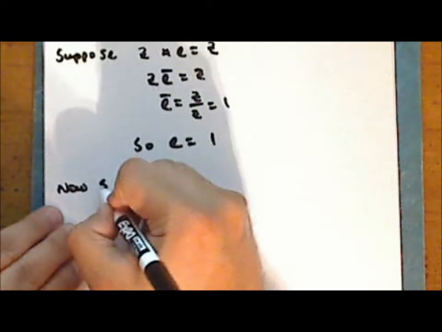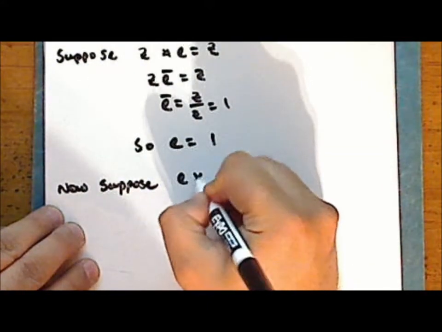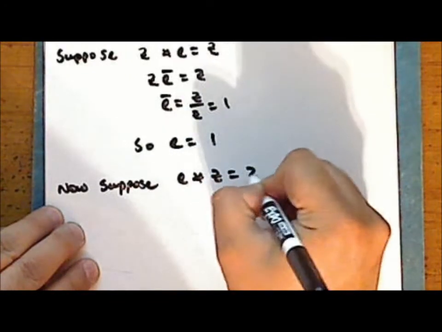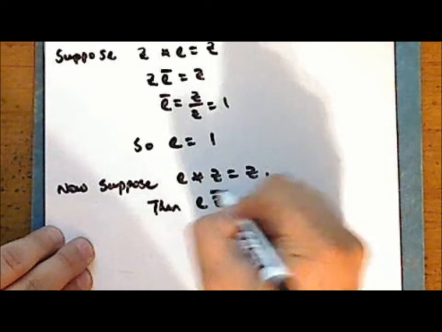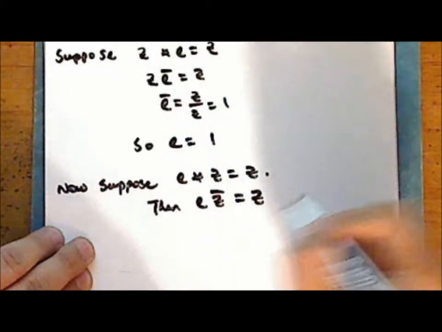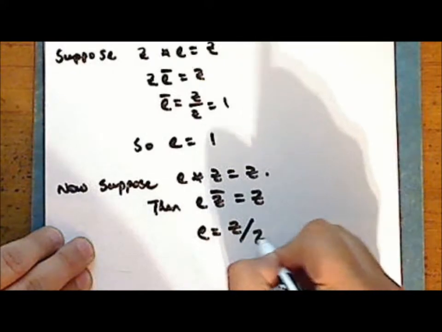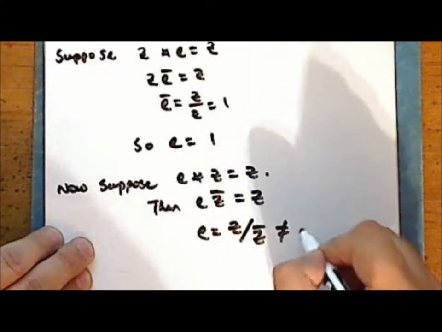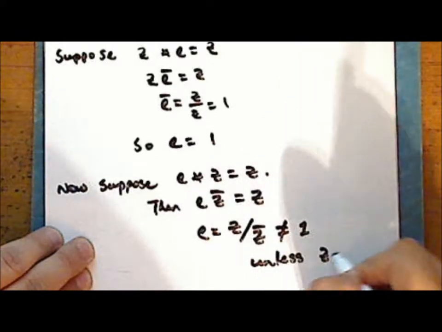So now suppose that e star z gives the element z. Then e times the conjugate of z is z. And so e is z over the conjugate of z. And this is not equal to 1 unless z is a real number.